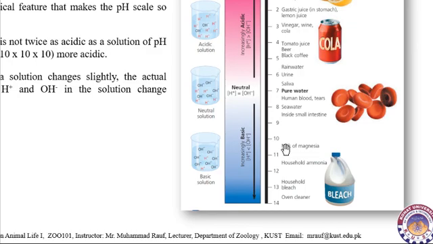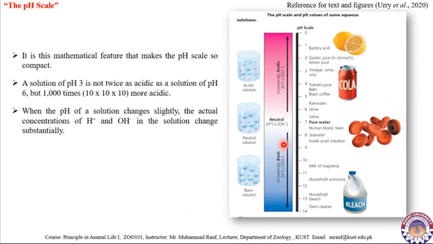So this shows different pH values. And remember the carbonic acid bicarbonate buffer system present in the blood, which neutralizes any changes in the pH values upon the addition of an acid or base.